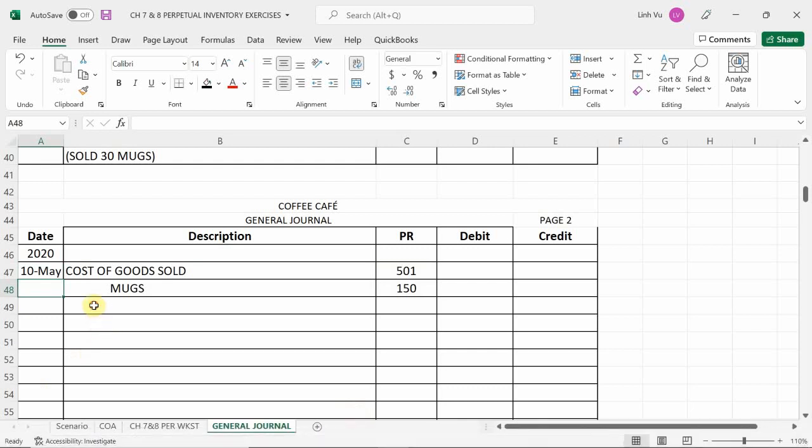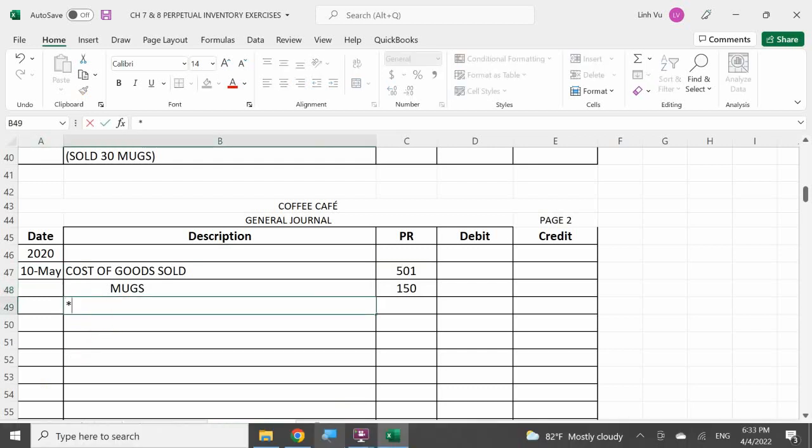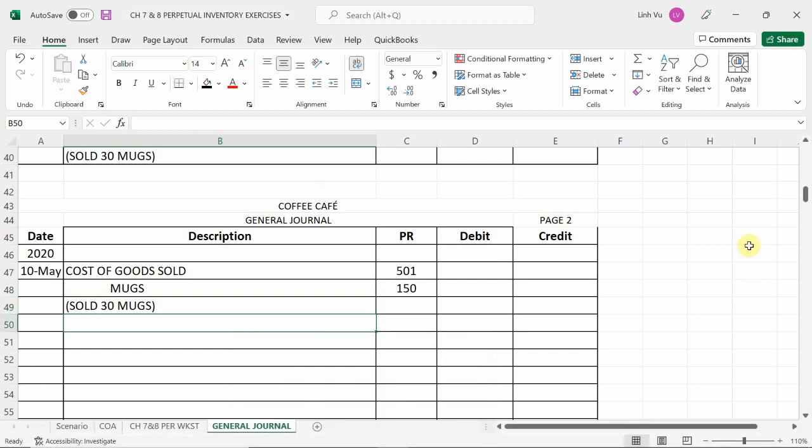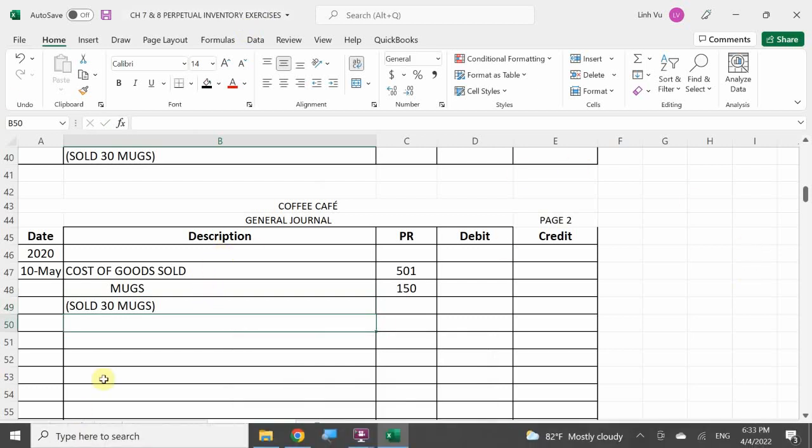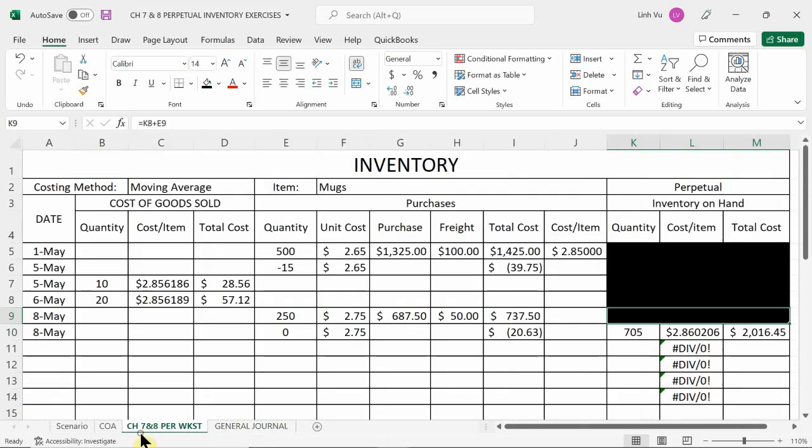I need to make a note that I sold 30 mugs, which in this case, I need to stop here because I can't figure out the cost of goods sold without going to my inventory worksheet. So in this case, May 10, we sold 30 mugs.